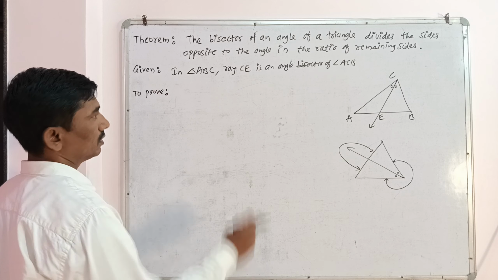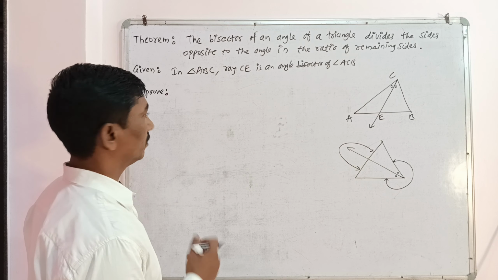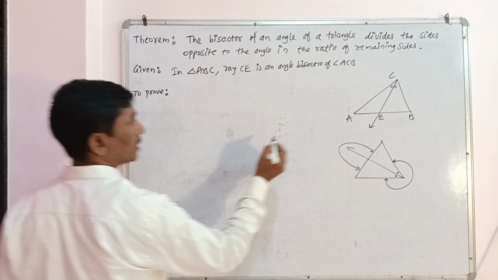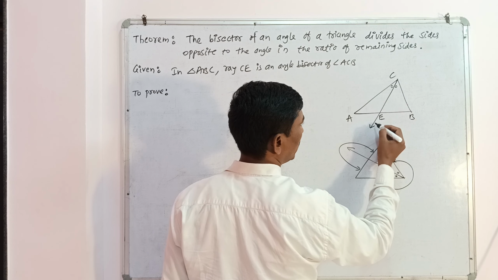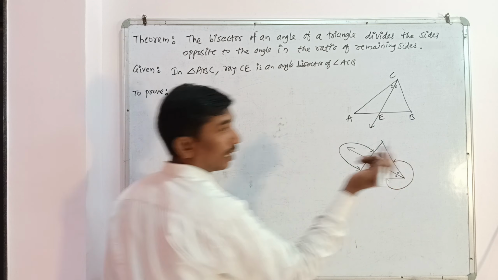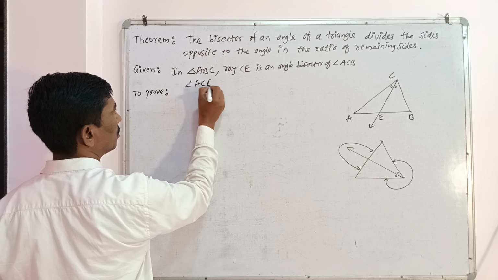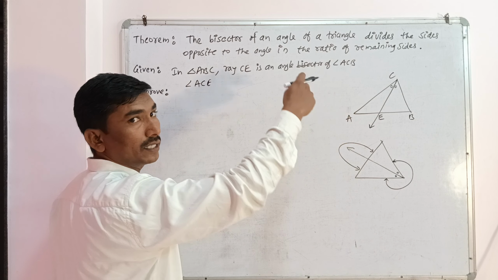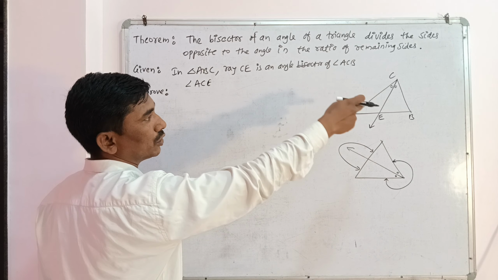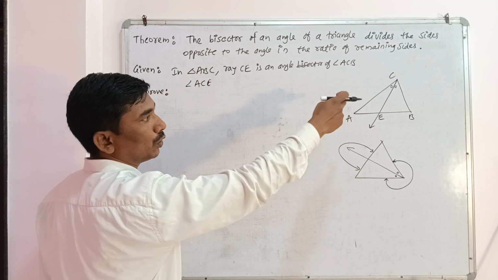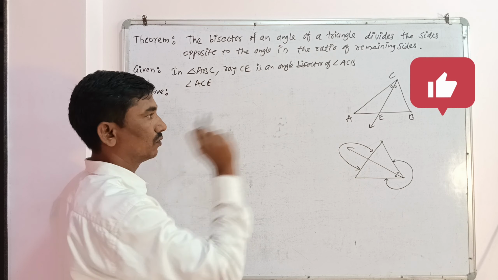Now this I have taken in the given section. So I can say that angle ACE and angle ECB are of the same measure, isn't it? Because the whole angle C is bisected, it is equal to the sum of the two parts.